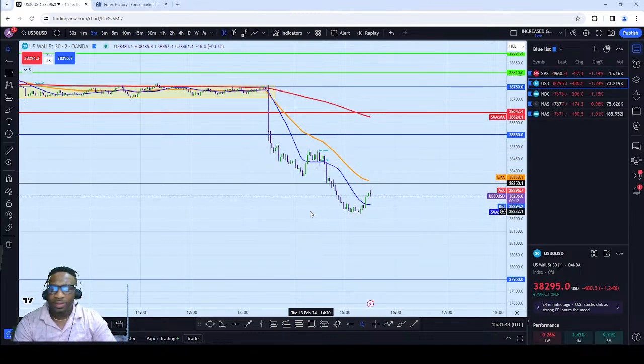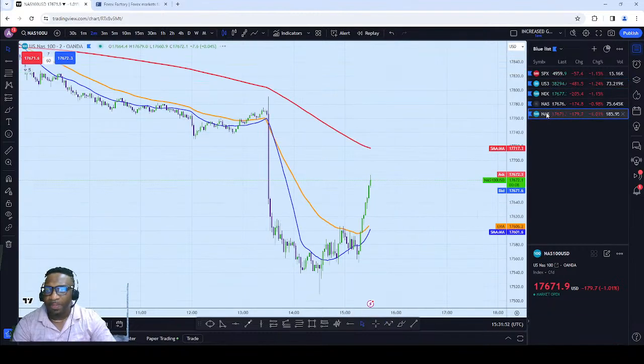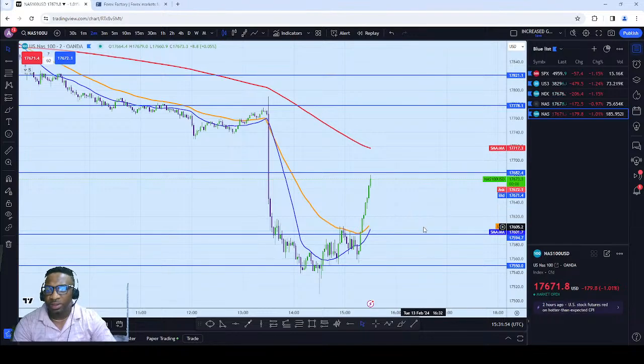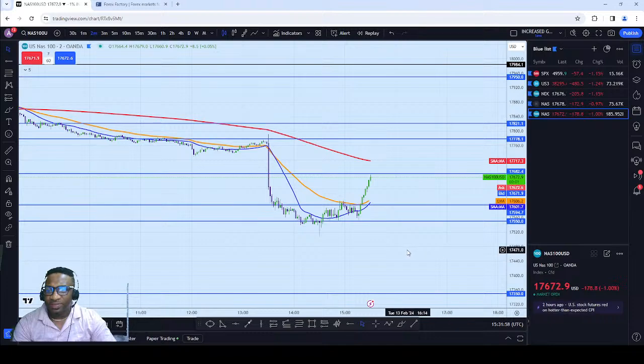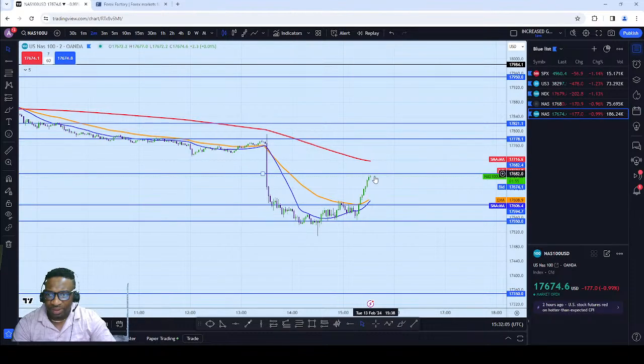So I can see prices here. Let's see on NAS. Okay, NAS is far gone now. NAS is far gone, going to the blue, the 200 moving average. But we'll see.